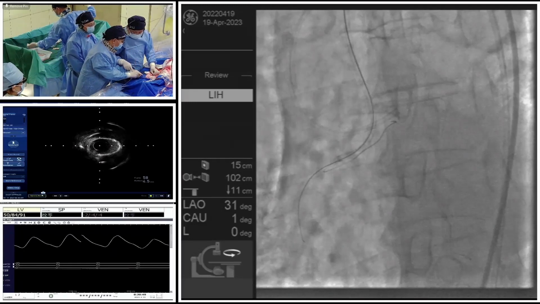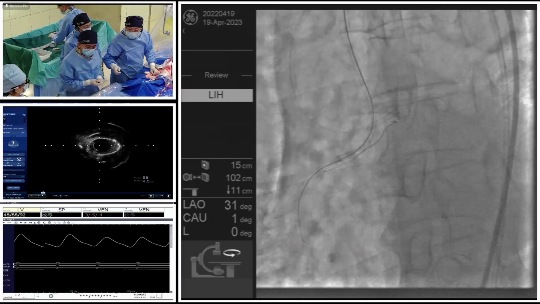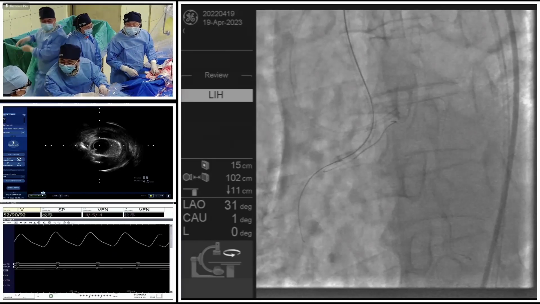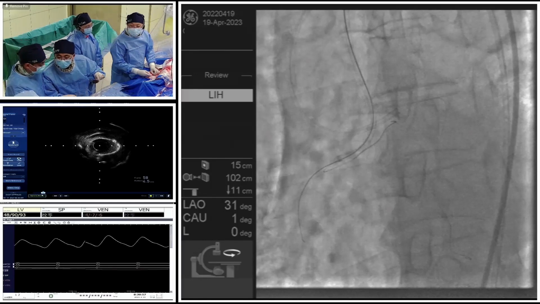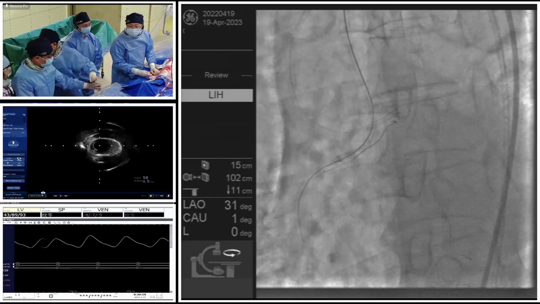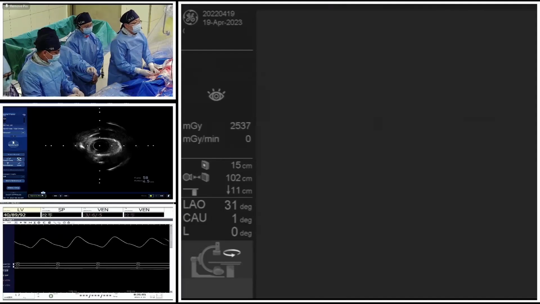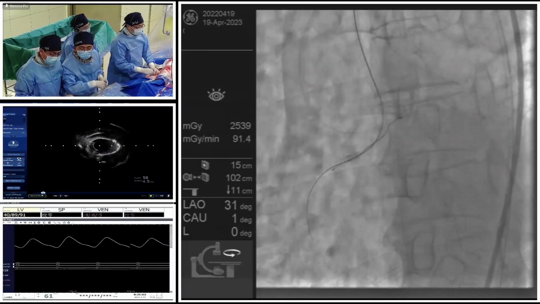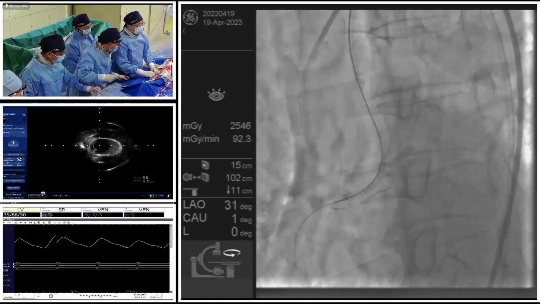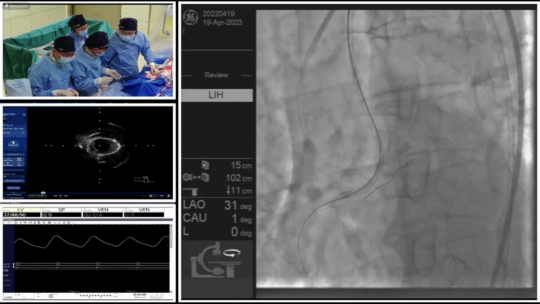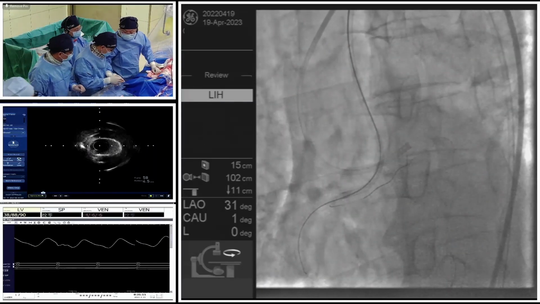And also, I'm thinking that this kind of 3D reconstruction, CT angiography reconstruction-guided CTO procedure is of potential benefit to the patient for the prognosis. So maybe this kind of strategy using the software may raise the success rate of the CTO procedure.